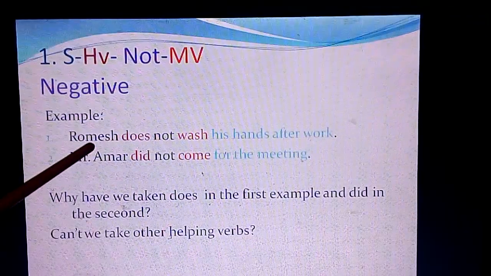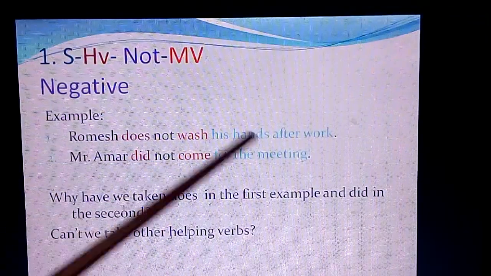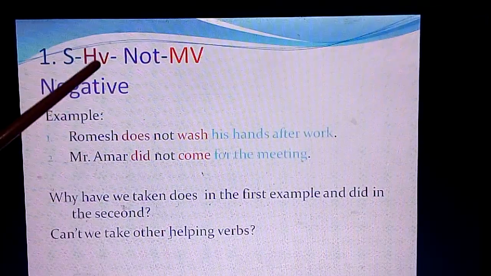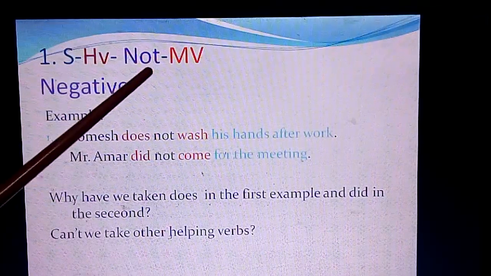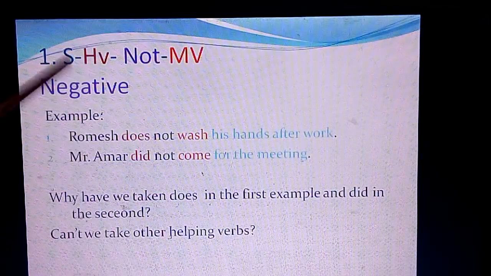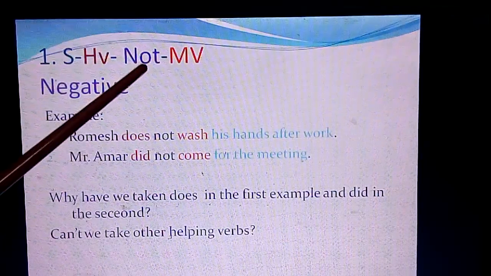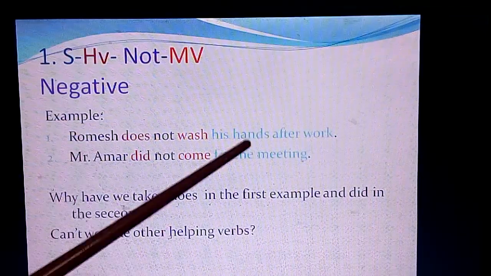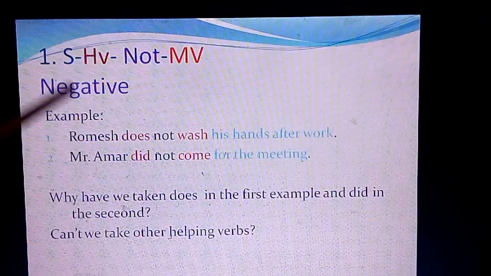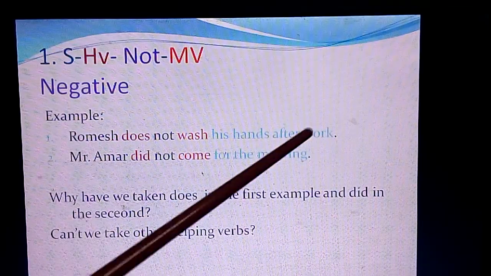Example: Ramesh does not wash his hands after work. So Ramesh does not wash. Is that clear? Then elaboration of the sentence: his hands after work.